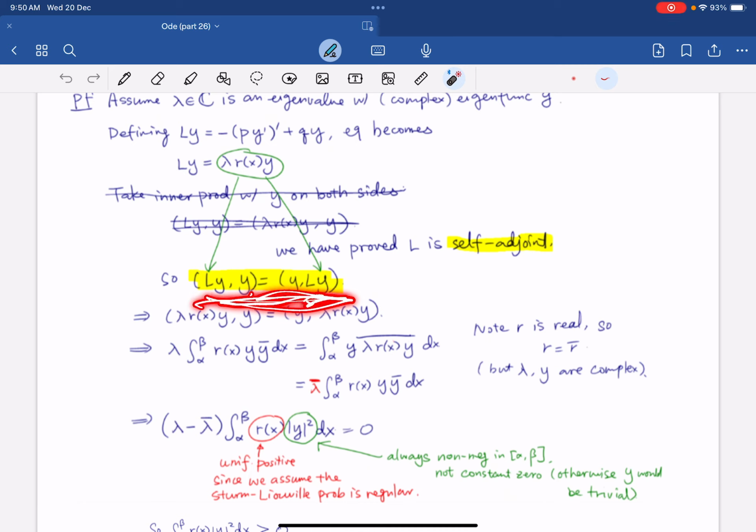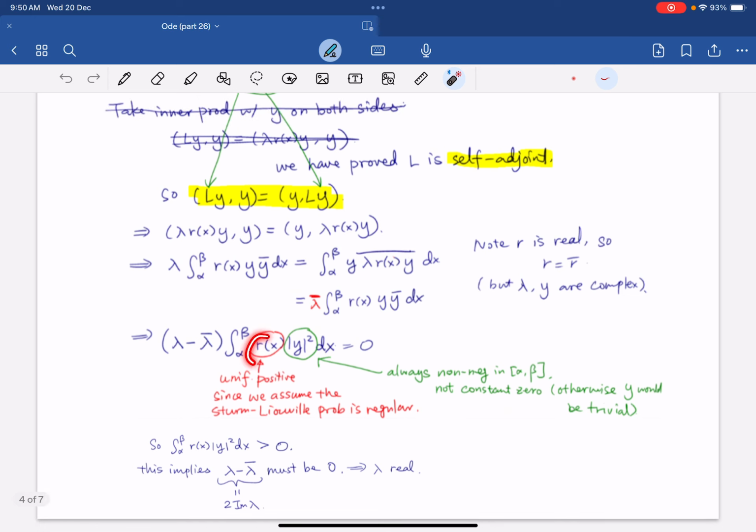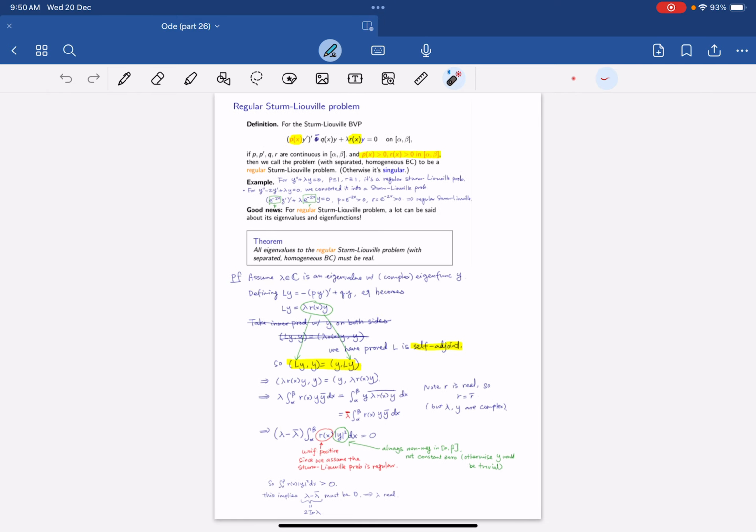Once you have this equation, we can find the inner product, and then we bring it over to the other side, we subtract, and we get this. But because it's a regular Sturm-Liouville problem, this r(x) is positive, y squared is positive, so this whole integral will always be positive, which means for this to equal 0, lambda must equal lambda conjugate. So for lambda to equal lambda conjugate, lambda must be real.